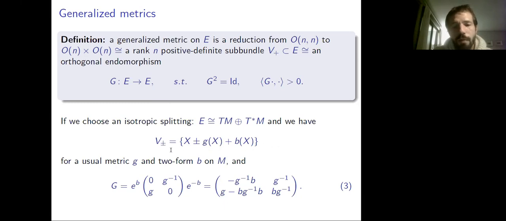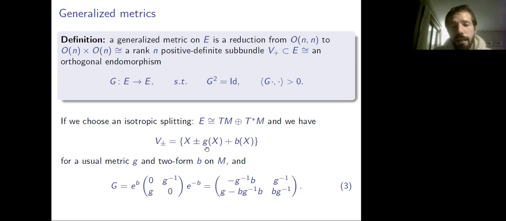So the plus bundle is going to be given by x plus gx plus bx, and the minus bundle, which is the orthogonal of the plus bundle, is going to be given by x minus gx plus bx, where g is a usual metric and b is a two-form on the manifold.